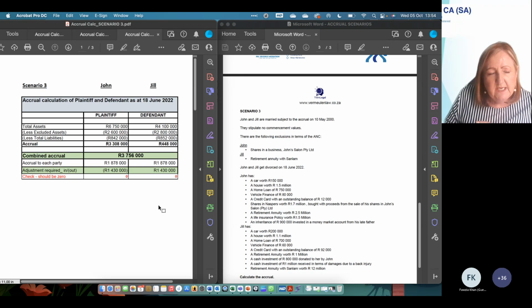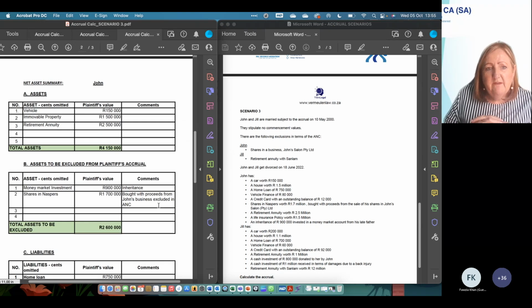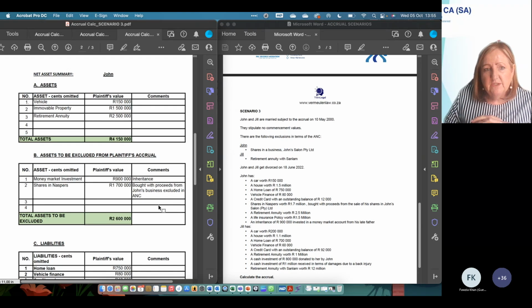Now, if we go to the next slide, Mervyn. So previously, in our other scenarios, the 1.7 million was included in the assets. We now move that asset from asset included to excluded. You'll see in the middle of the page, number 2 under B2, shares in Naspers have now moved to excluded assets.